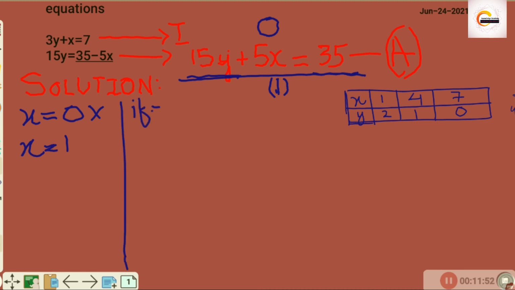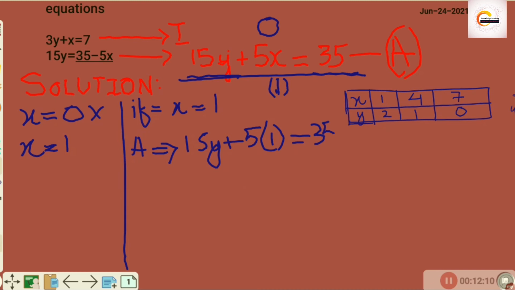If x equals 1, then our equation A is 15y plus 5 comma 1 is equal to 35, and 15y plus 5 is equal to 35.